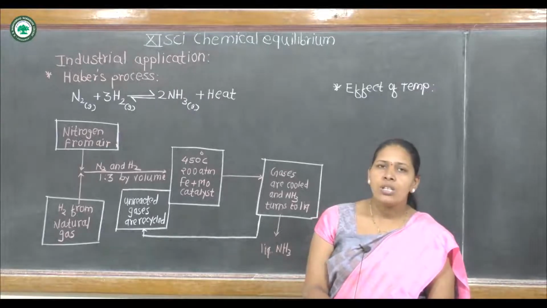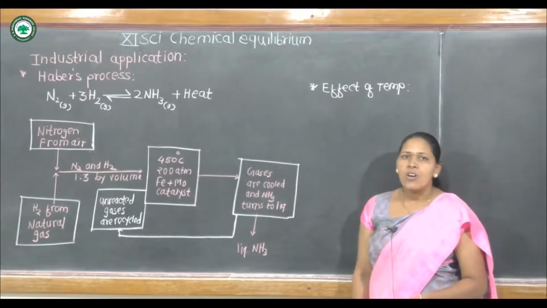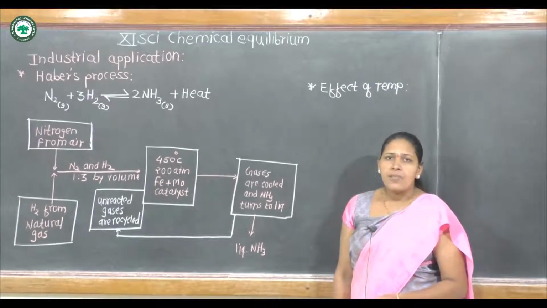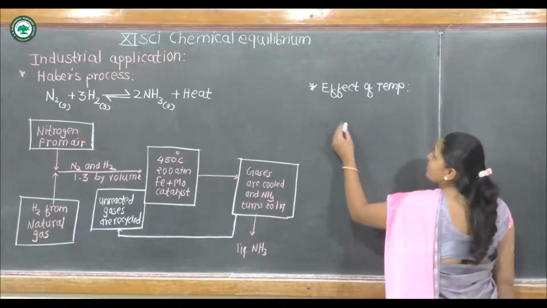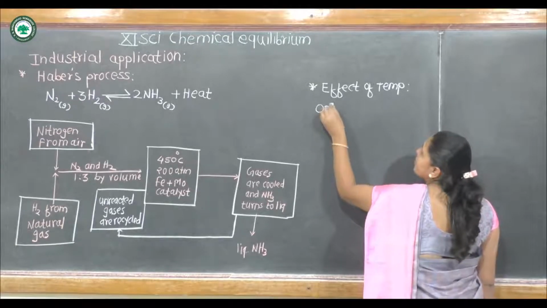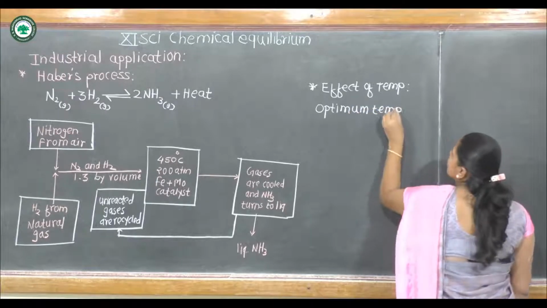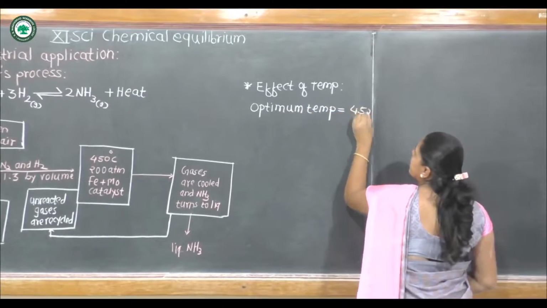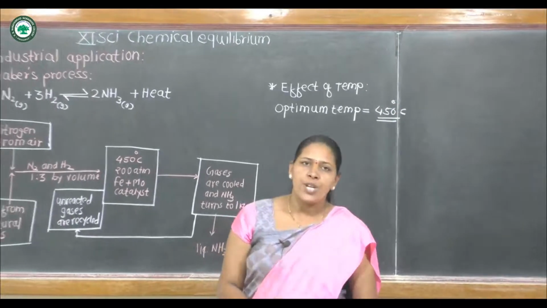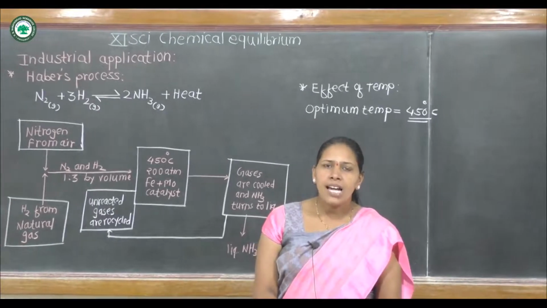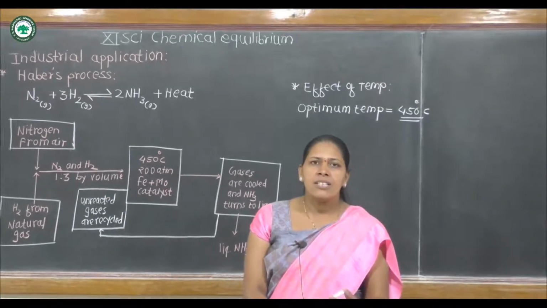This reaction is carried out at the optimum temperature of about 773 Kelvin or 450 degrees Celsius. This is the optimum temperature, required for formation of ammonia, because at low temperature the reaction is very slow and requires greater time.